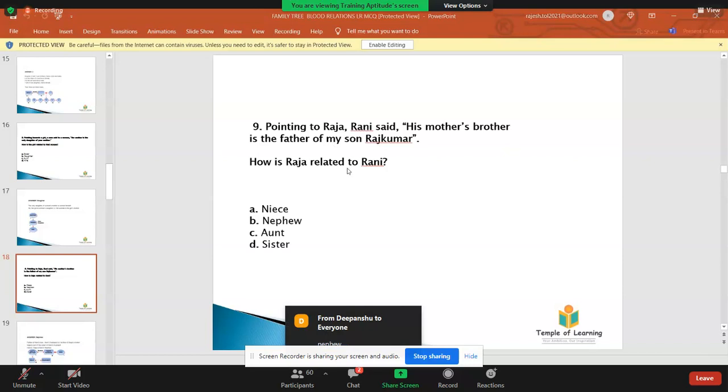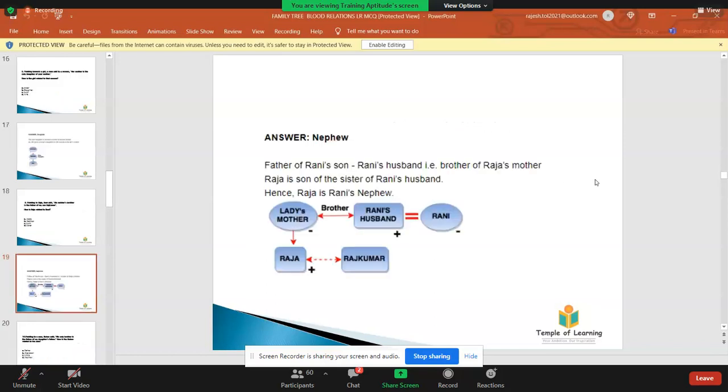Pointing, sir, how is Raja related to Rani? Raja is a male, yes, male, sir. It cannot be sister. Nephew, sir. It will be nephew. Raja is male anyway. Cousin's son. Is that okay? Okay, let's move to the next question, please.